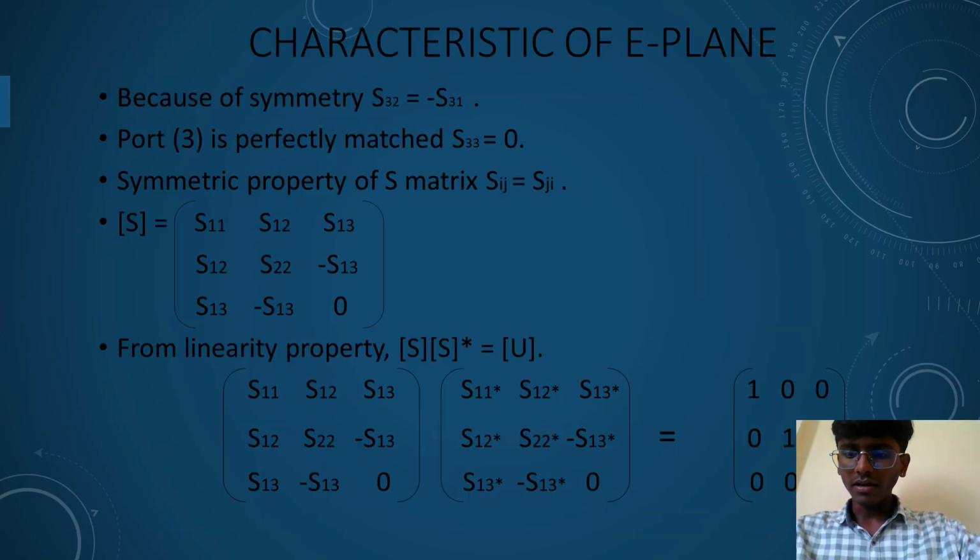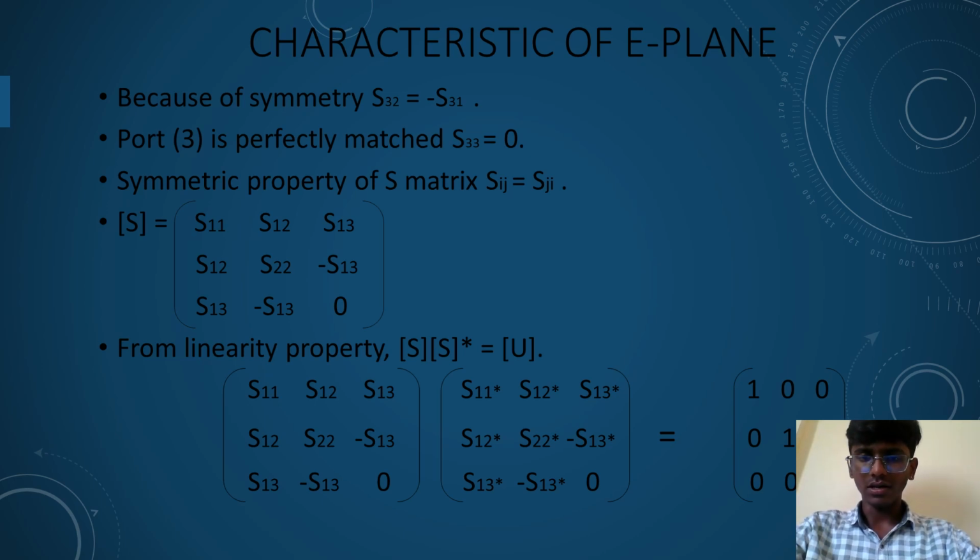Characteristics of the E-plane. Here we are going to discuss the characteristics of the E-plane. Because of symmetry, S32 is equal to minus S31. One of the properties of the E-plane is the symmetric property.